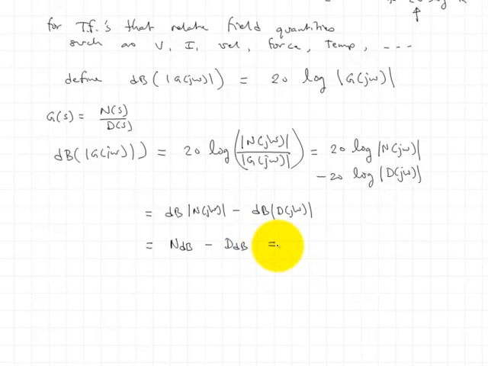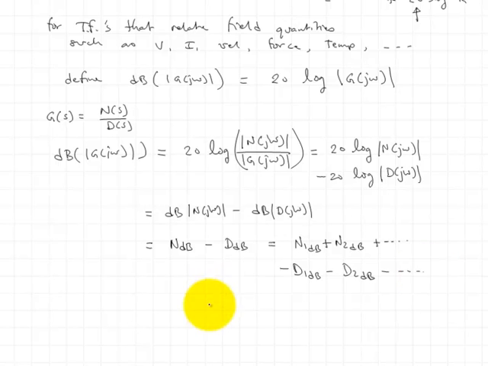And I can further break this down to N1 in dB plus N2 in dB plus ..., minus D1 in decibels minus D2 in decibels minus ... And so thanks to plotting the magnitude on a log scale using the scaling of decibels, we can construct the overall decibel magnitude of the transfer function by simply adding and subtracting the decibel magnitude of each of the numerator and denominator terms.